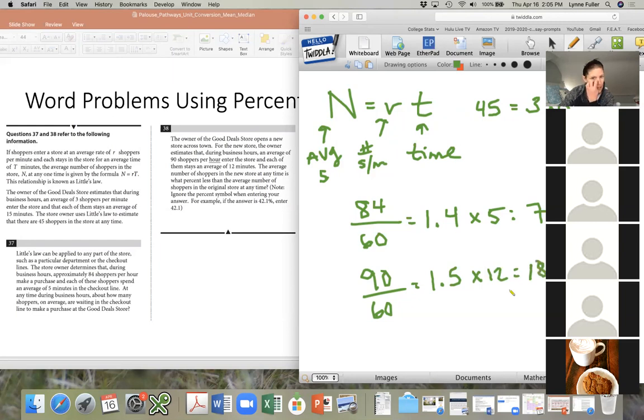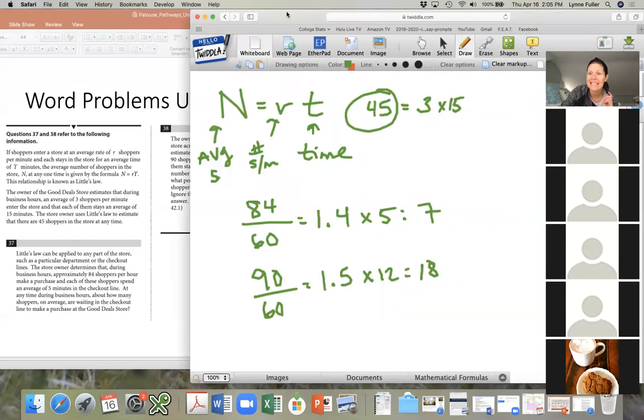Okay, now, the average number of shoppers in the new store at any time is what percent less than the average number of shoppers in the original store? So the original number of shoppers in the store is 45. I mentioned this earlier today, when we're doing percent change, it's the difference divided by the original.